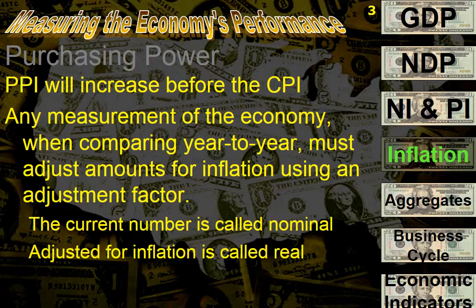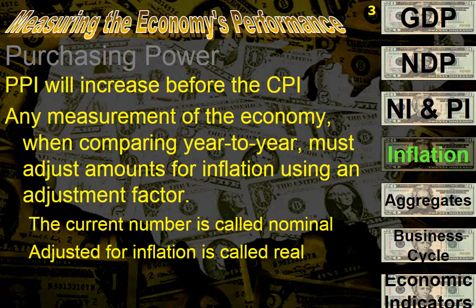Now, if we were just going to use the actual raw numbers that we got from our research, we'd call that the nominal amount. If we adjust the numbers for inflation so that we can compare different eras and different years, when it's adjusted, it's then called real.